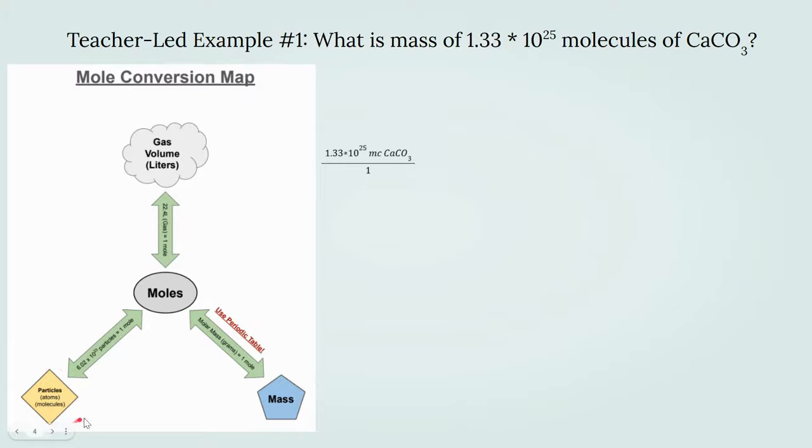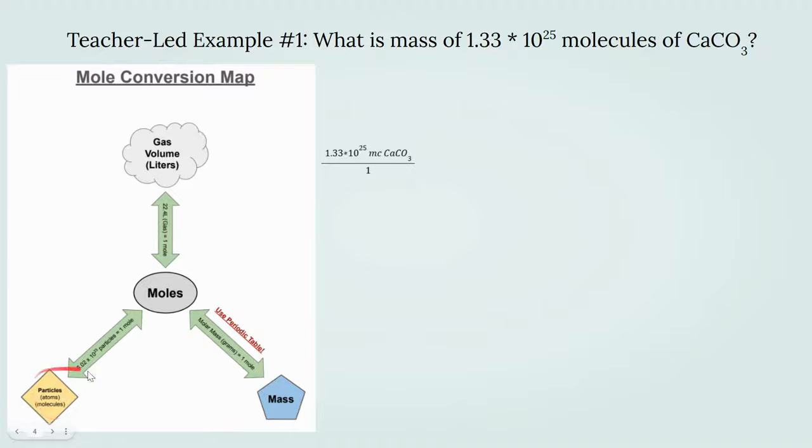I'm going to start at particles, convert particles into moles, and then convert moles into mass. And on our map, each green arrow represents 1 conversion factor. So particles to moles will be 1 conversion factor, and moles to mass will be a second conversion factor.